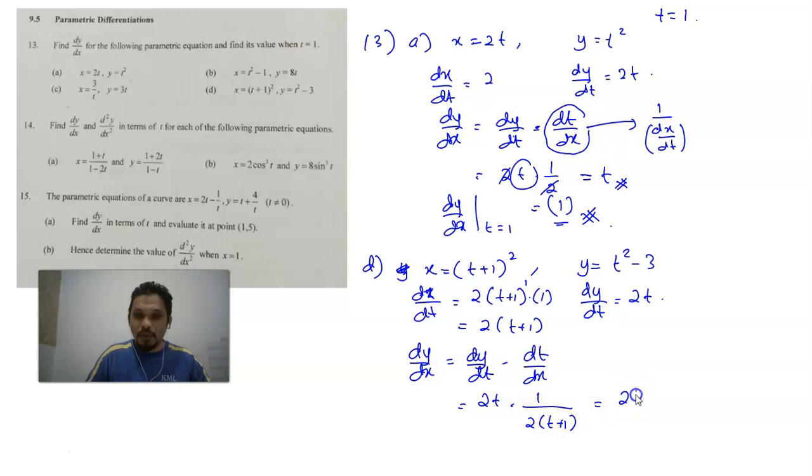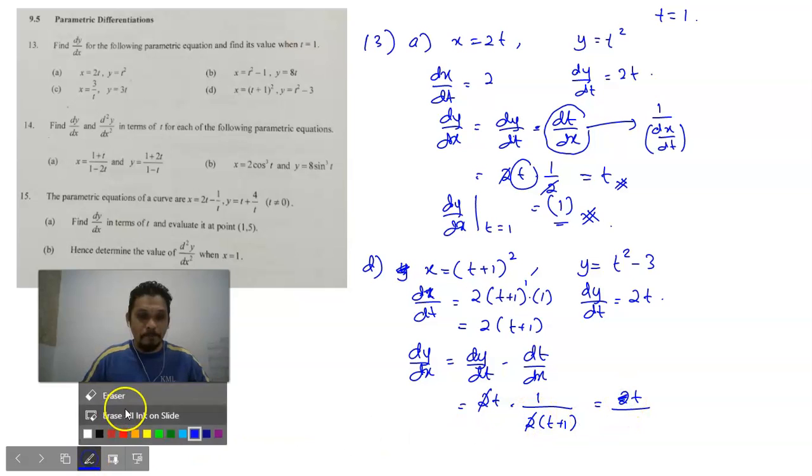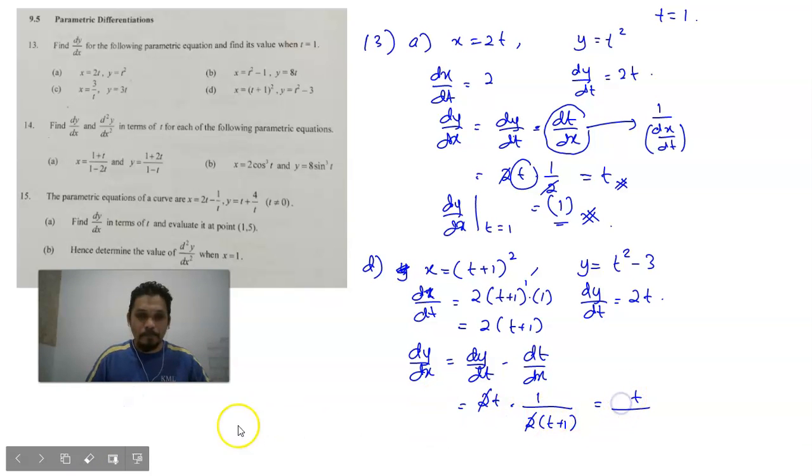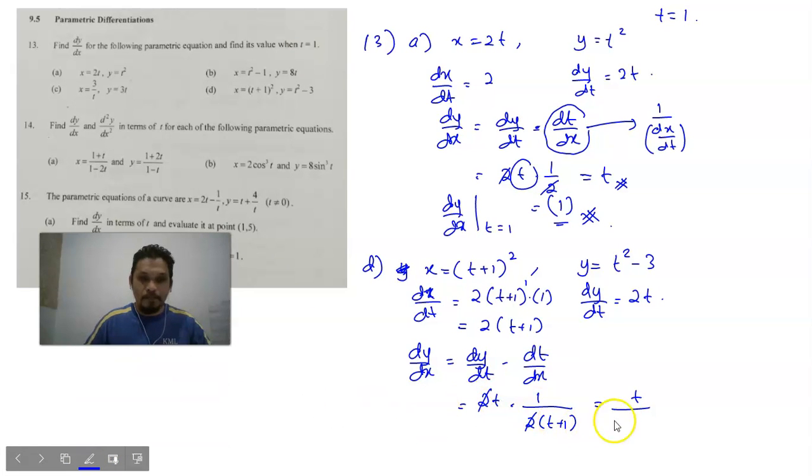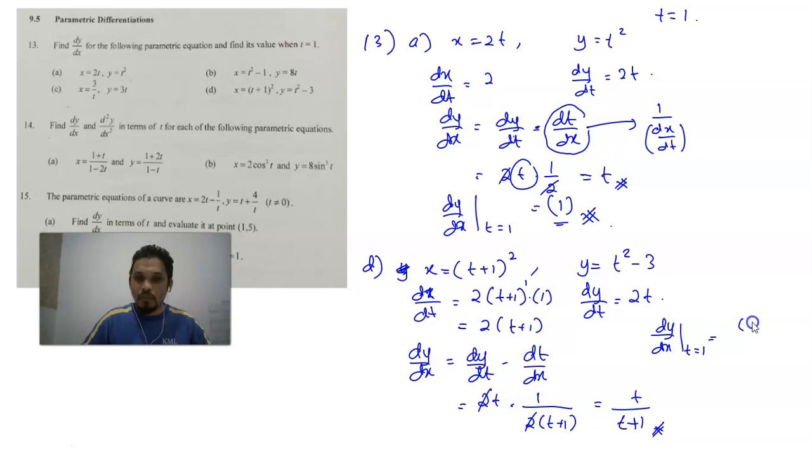So 2t divided by 2t plus 1 gives 2 divided by 2, and we come out with t over t plus 1. So for dy/dx when t equals 1, that is 1 divided by 1 plus 1, equal to 1 over 2.